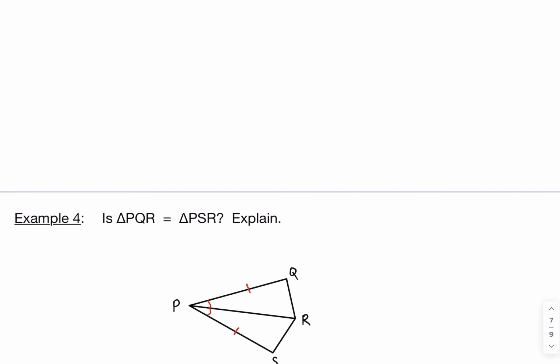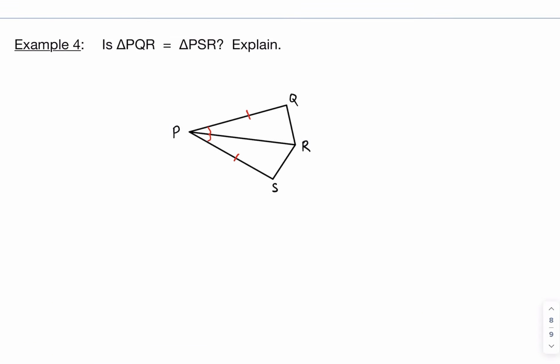All right, let's take a look at the last example. Is triangle PQR congruent to triangle PSR? Well, let's take a look. We've got this side, PQ, is congruent to side PS. So we got one side. We've got this angle. That's also congruent to that angle.